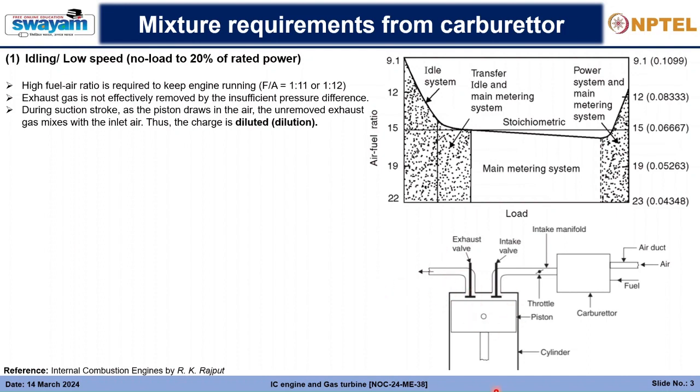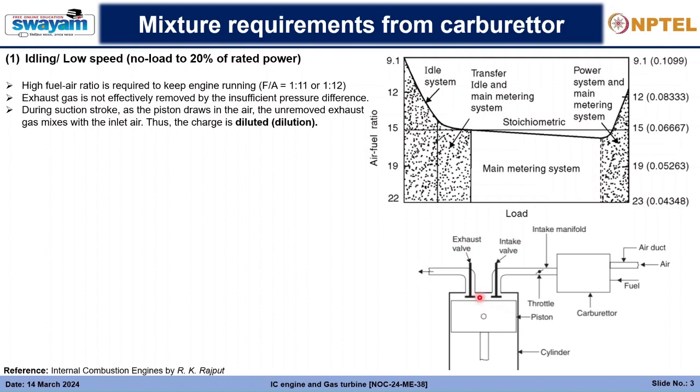When the piston is coming back to the top dead center, the pressure difference pushes the burnt gases through the exhaust valve to the outside, and a huge pressure would mean that the entire combusted gas can leave. But that is not the case at low speed conditions, because the RPM, or revolutions per minute, is quite low, and the pressure difference is not sufficient to make all of the burnt gases leave.